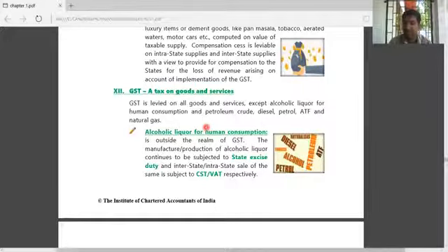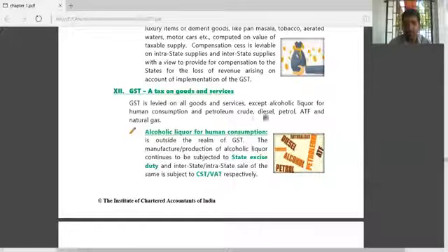Even after GST is introduced, state excise duty remains levied on alcoholic liquor for human consumption. State excise duty was on manufacture, and for sale it is VAT. So state excise duty is still levied on alcoholic liquor.